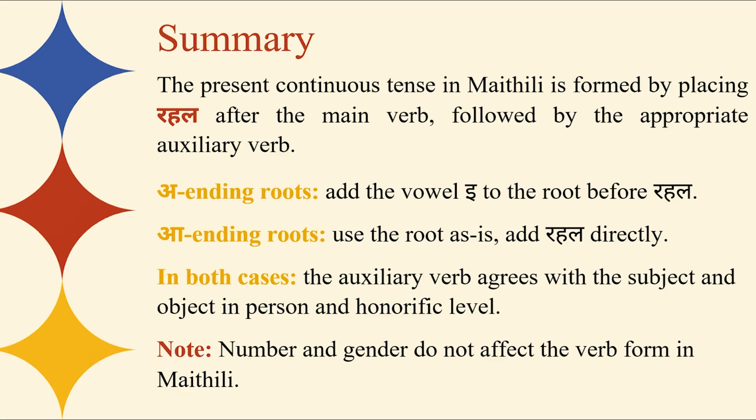A-ending roots, at the same time, have no change made to them, they are kept as they are, and rahal is added directly after them. In both cases, the auxiliary verb agrees with the subject and object in person and honorific level. Remember that number and gender do not affect the verb form in Maithili.